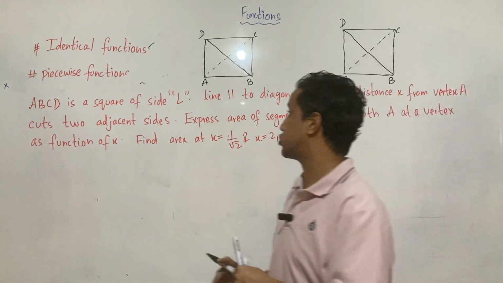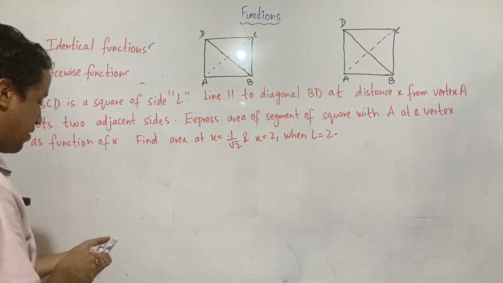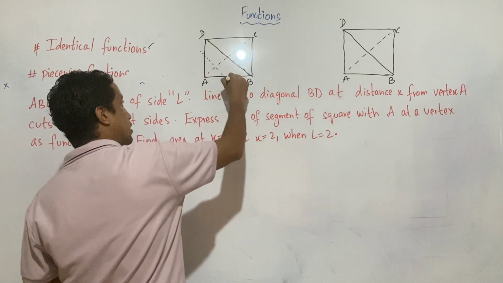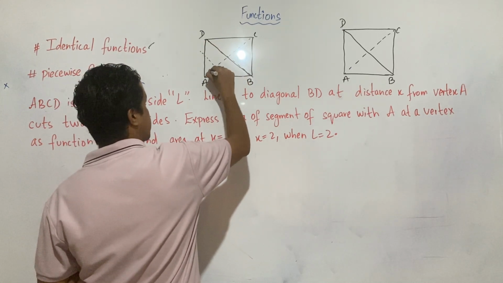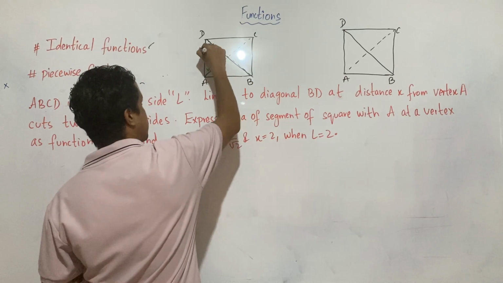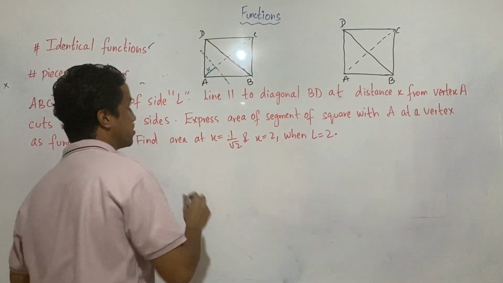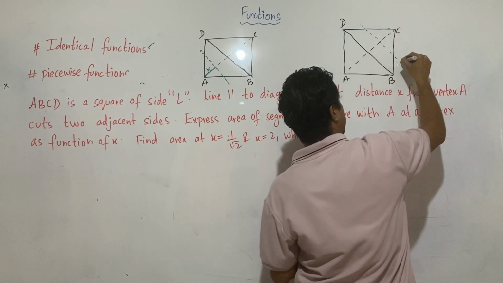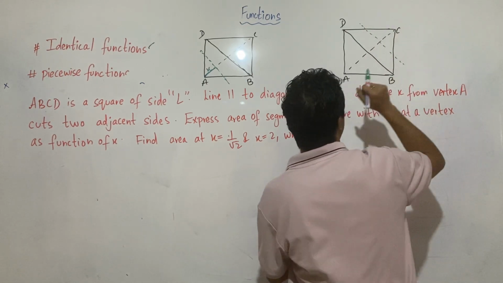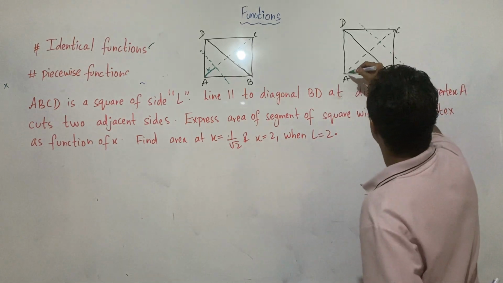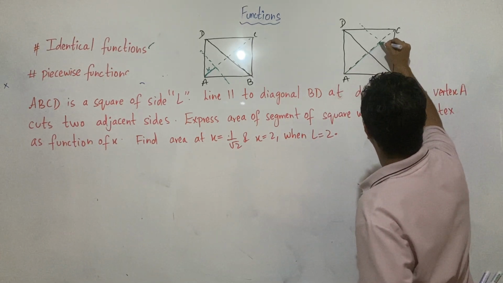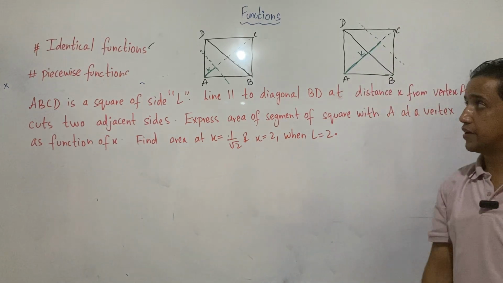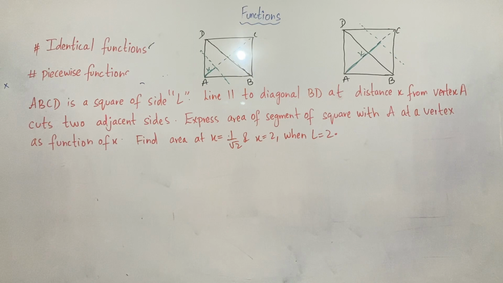So we have to take two cases. So let's see that in this case, one line parallel to BD at distance x is this. And the other line parallel to BD at distance x will be this. I hope this is visible to you.